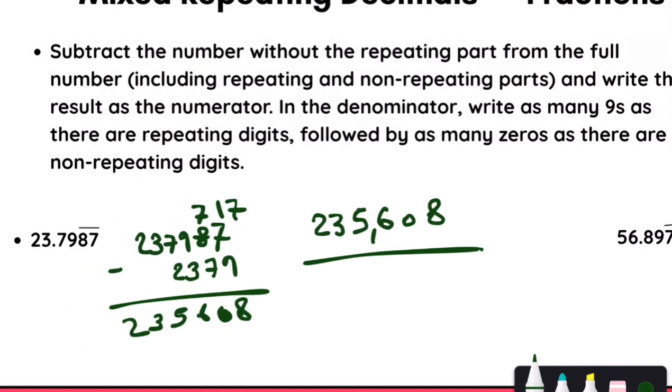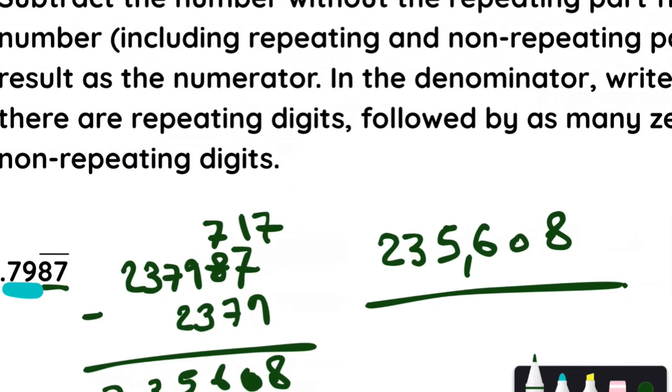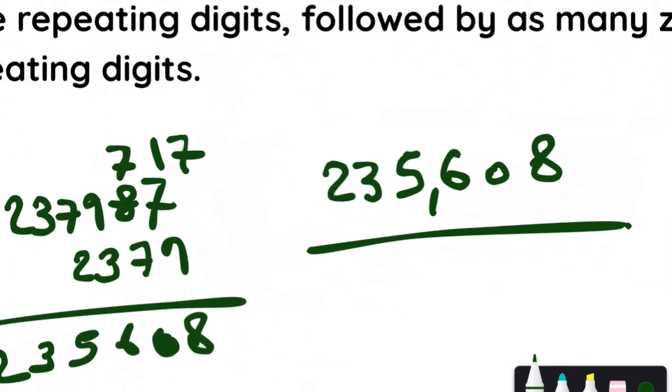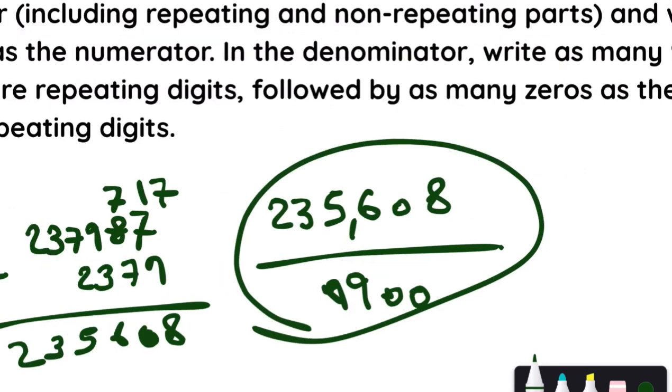So we have 2 repeating digits and 2 non-repeating digits. So for repeating digits, I write 9, 9, and then for 2 non-repeating digits, 0, 0 on the right side of the 9s, right? And this is our answer.